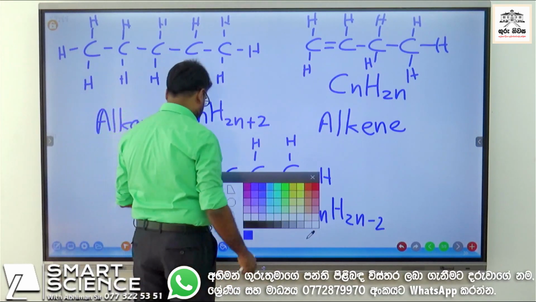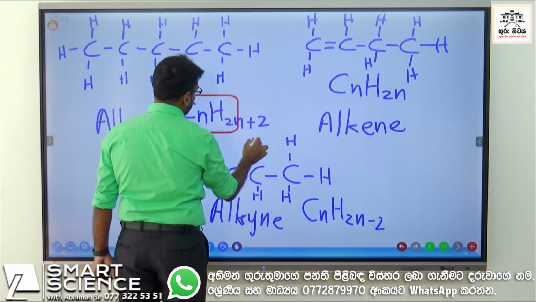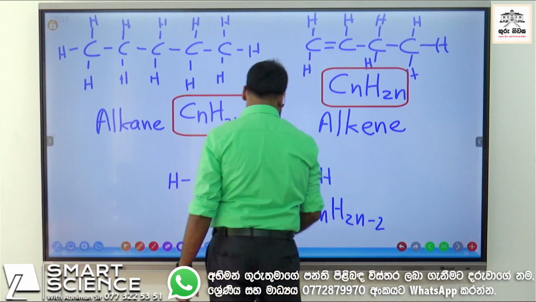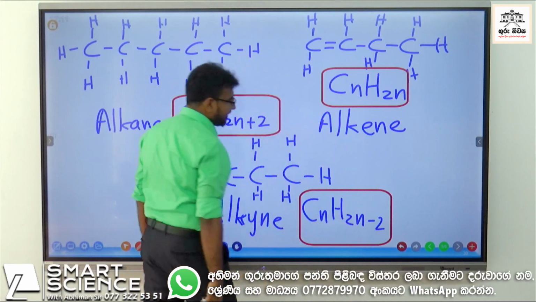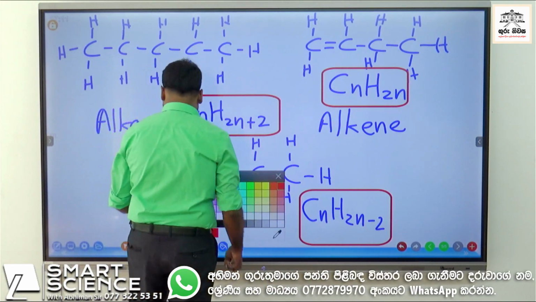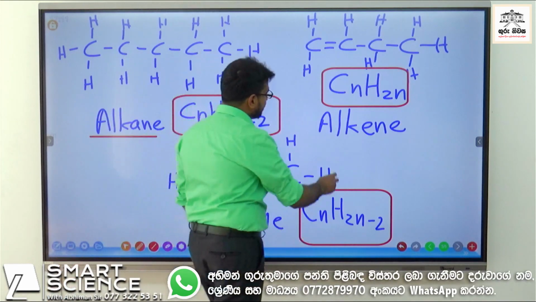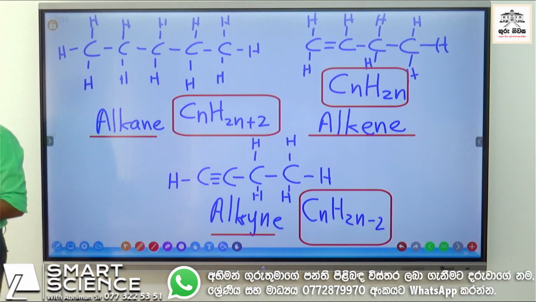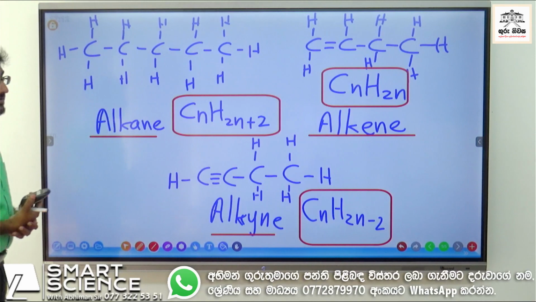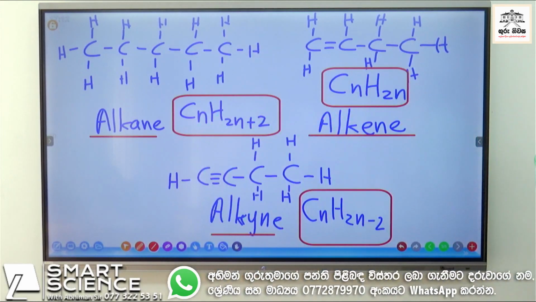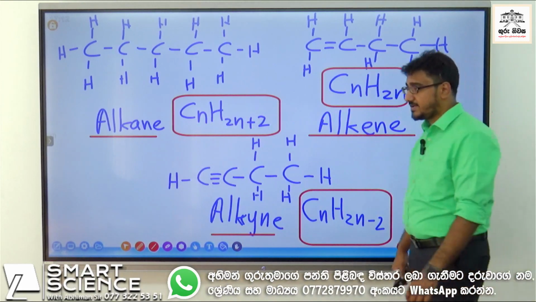This is the common formula for the alkane, this is the common formula for the alkene and this is the common formula for the alkyne. Hari, you have to remember this. Right, so these are the three main types of hydrocarbons: alkane, alkene, alkyne.